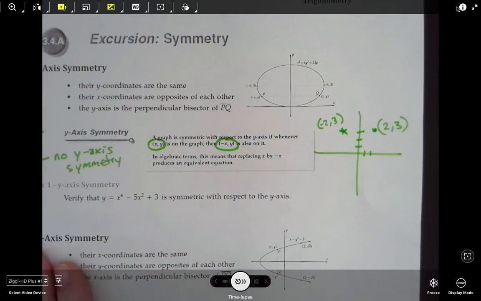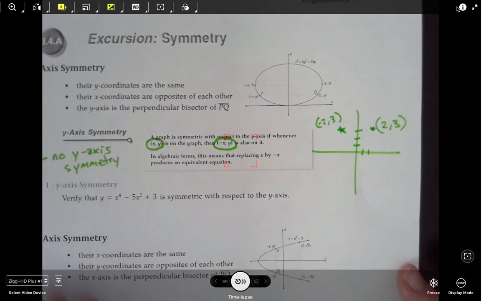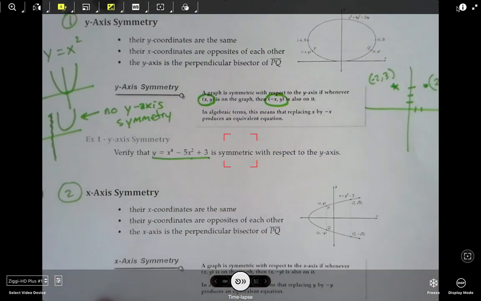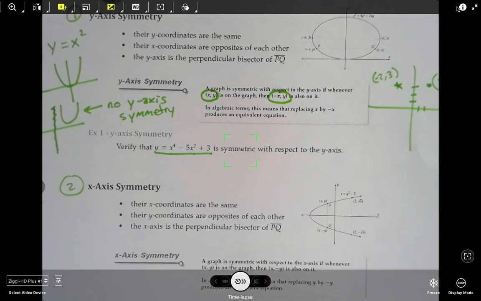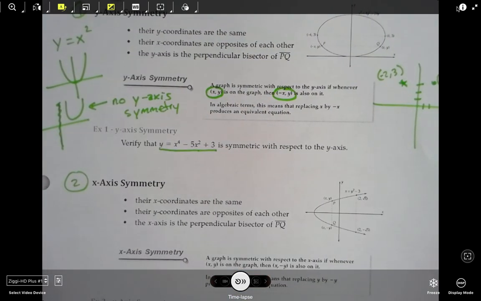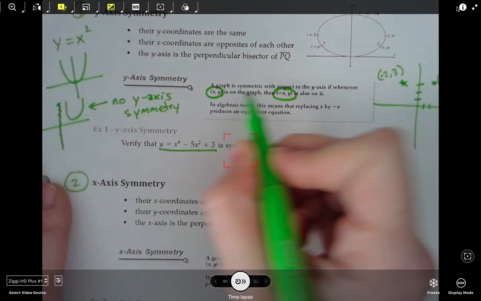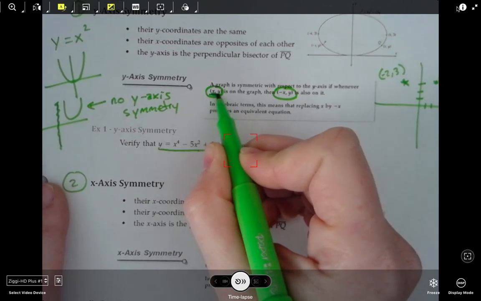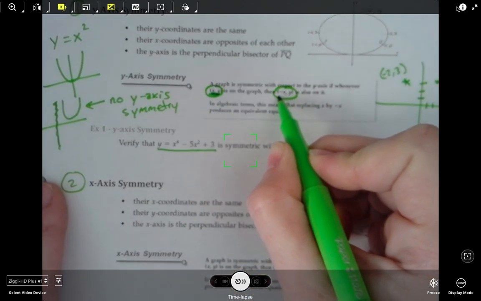Now, if I'm given a function like this one, here's how you determine whether it is symmetric with respect to the y-axis or not, because we don't want to graph it. That's ugly. If we graph it, we can see whether it's symmetric or not, but we want to do this the easy way. This is a quartic function, x to the 4th power. So what we do is we take the x and the y, just like the rule says, and replace it with (-x, y).